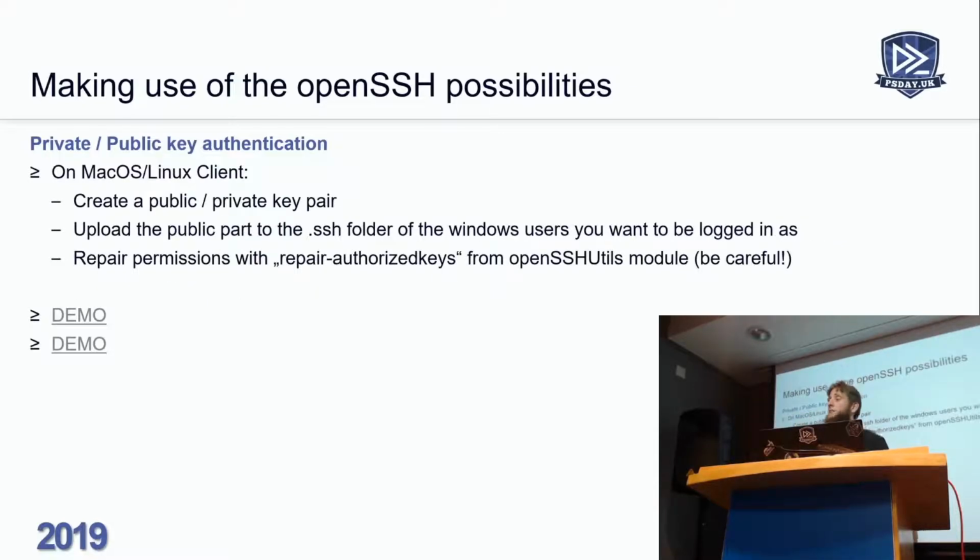On our macOS or Linux client, we have to create our key pair. We have to upload the public part to the .ssh folder in the user context on the Windows machine, prepare the permissions, and then we're good to go.